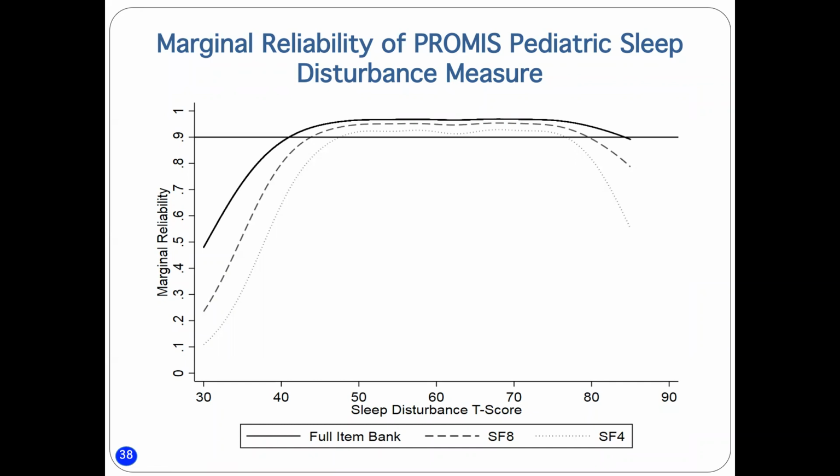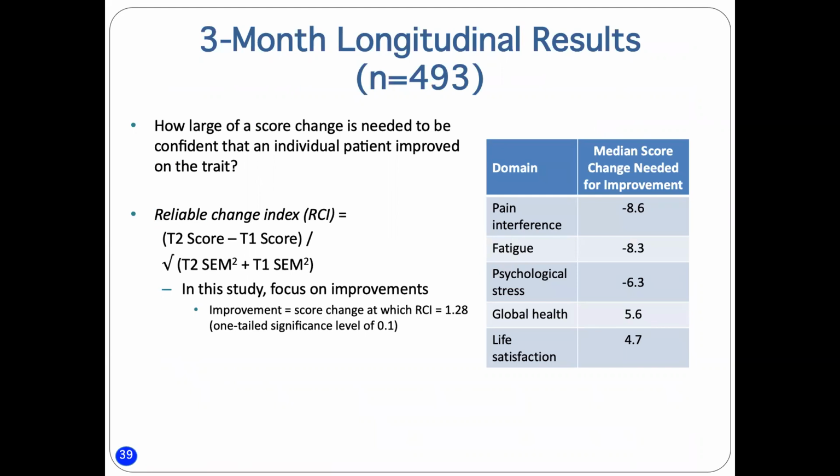And what you see for whether you're using all the items in the item bank, the top line, you're only using an 8-item short form, the middle line, or you're using a 4-item short form, is that the reliability of these measures is 0.9 or greater for the vast majority of the scale. So you have what you might call individual level reliability for these PROMIS measures based on the way in which they're developed, which I think is pretty cool. It allows them to be used for individual clinical decision making.